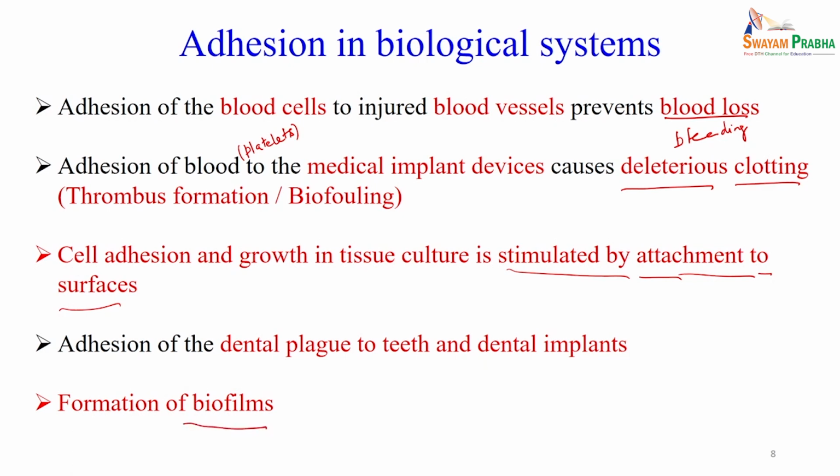Also, if you see the formation of biofilms on a particular surface, it is a bacterial biofilm. It may cause the biofouling or it may cause the infection. But if the biofilm is forming in the wastewater treatment plant, especially on some support, the biofilms are also used for the wastewater treatment.